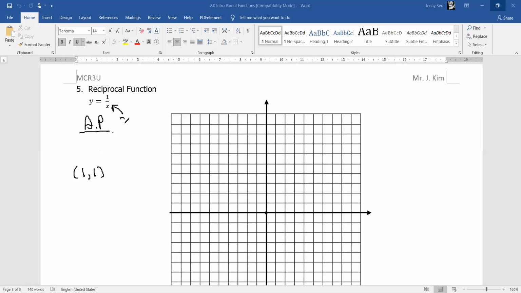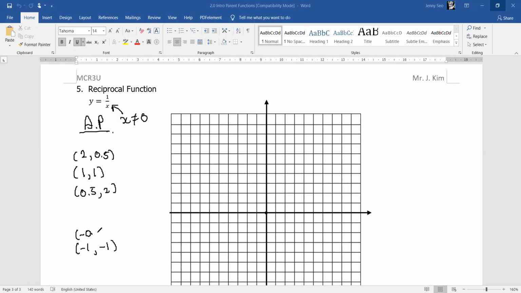Why do we not start with 0? It has a built-in restriction. X can never be 0. And if this becomes a 2, then I have a 0.5. If the x becomes 0.5, I have a 2. It's sort of like a mirrored version. On the negative side, if I have a negative 1, I get a negative 1.